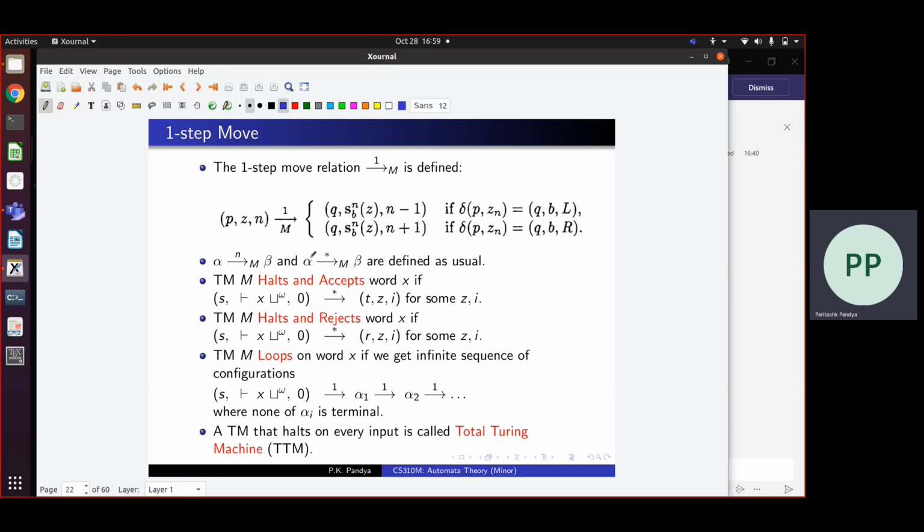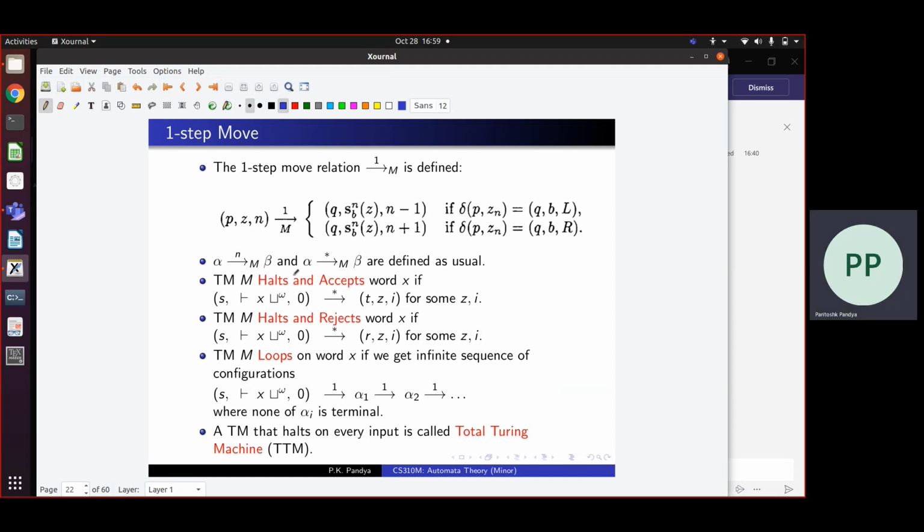Right? So having defined the one-step move of the Turing machine, we can define the n-step move, and we can talk about beta being reached from alpha. Because our Turing machine is deterministic, from a configuration there is a unique configuration to which you reach.